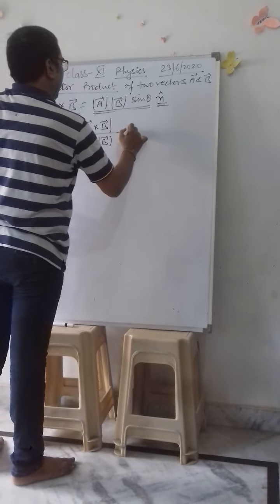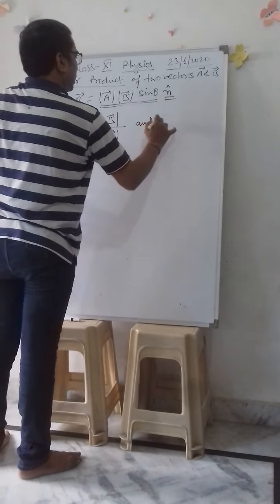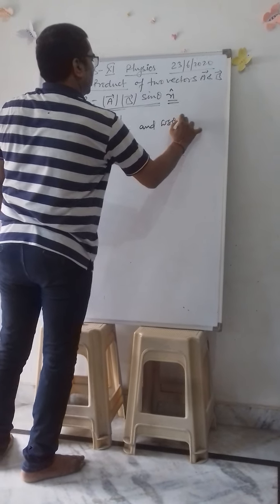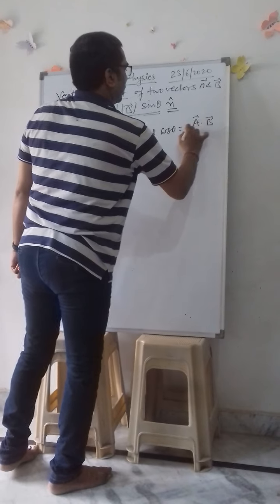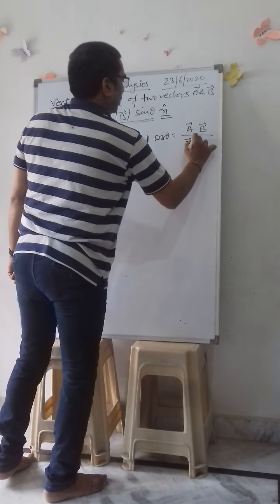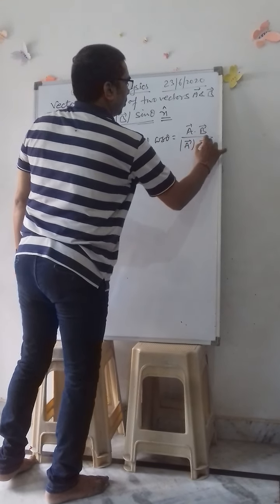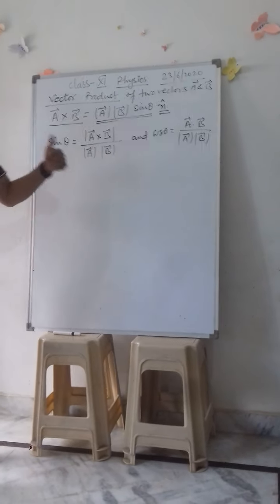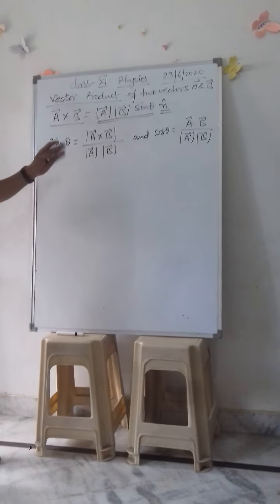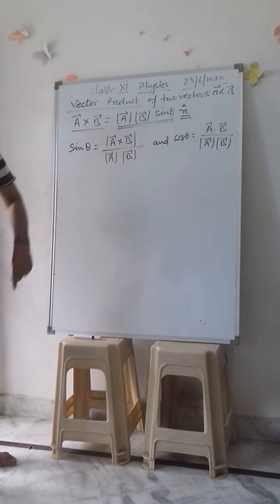Similarly, cos theta is equal to A dot B upon mode of vector A, mode of vector B. Here we will observe the main difference between scalar product and vector product.